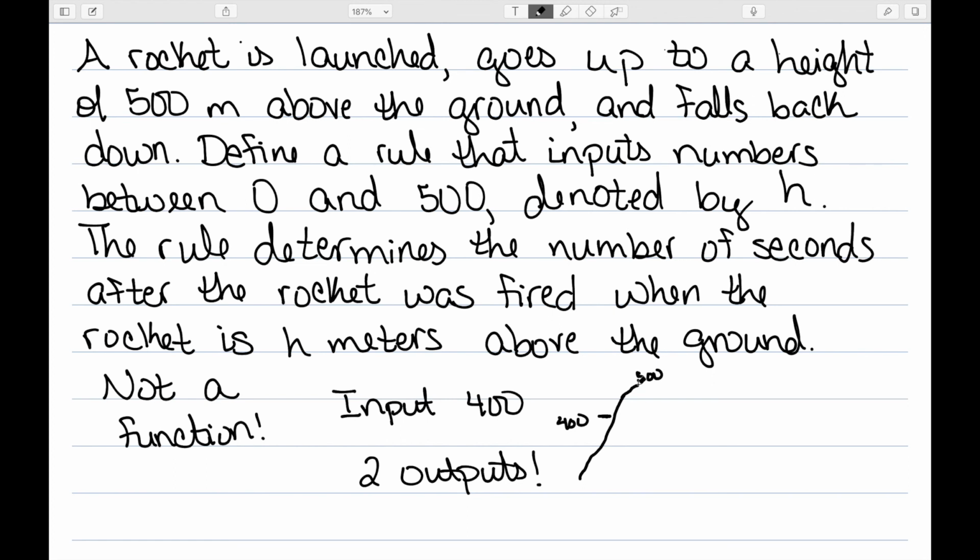Once it hits 500 meters above the ground, we said that it then falls back down. So it then comes back down from 500 back down to 0. So we have to cross that 400 point again. So now I have two times that correspond to a height of 400. So that would be two possible outputs. So this is an example of something that is not a function.